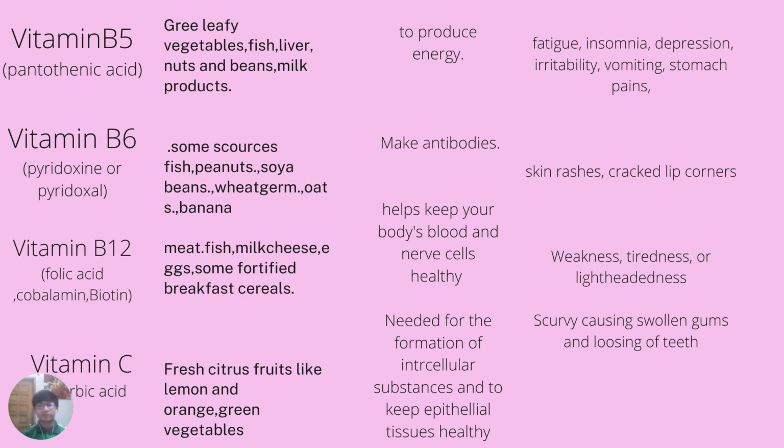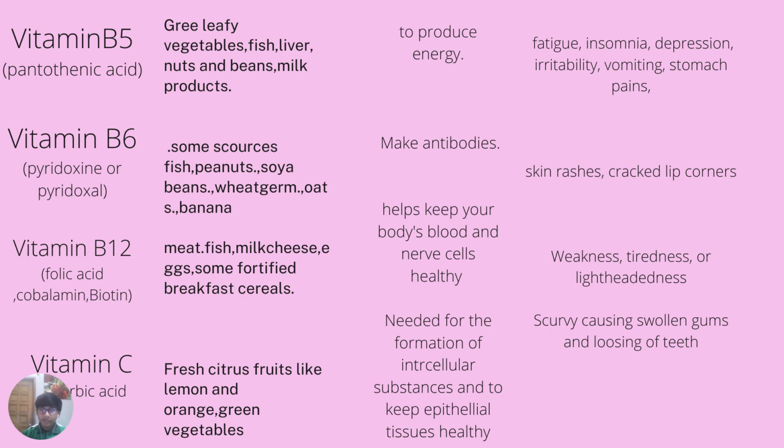Now, vitamin B6. Some of its main sources are fish, peanuts, soybeans, oats, bananas, etc. It helps in making antibodies, and if its deficit occurs in our body, it can cause skin rashes, cracked lips, corners, etc. Now, talking about vitamin B12, which is also known as folic acid.